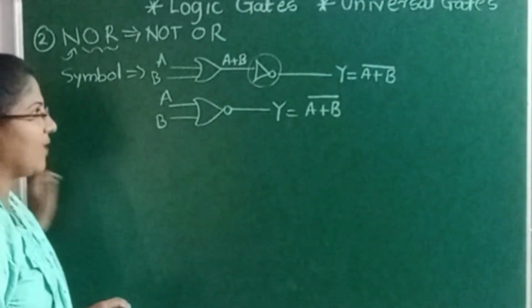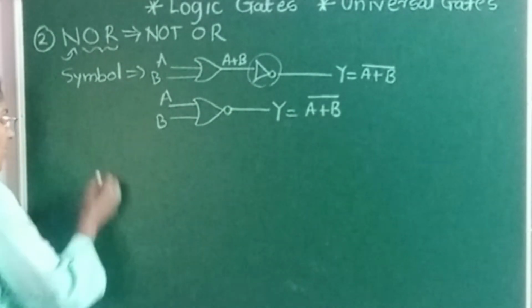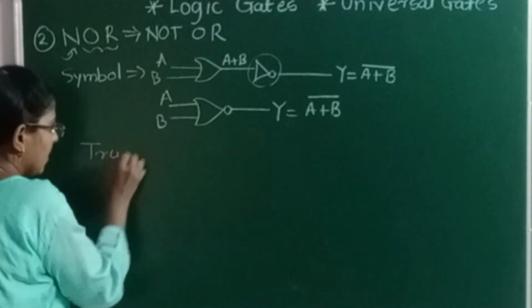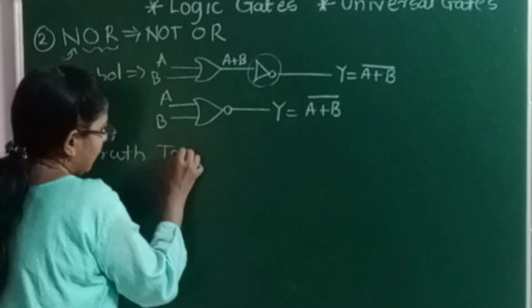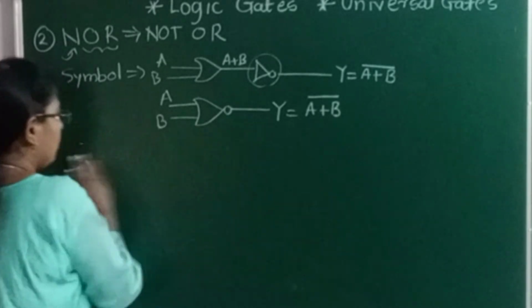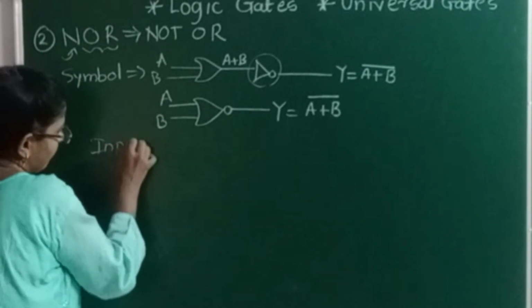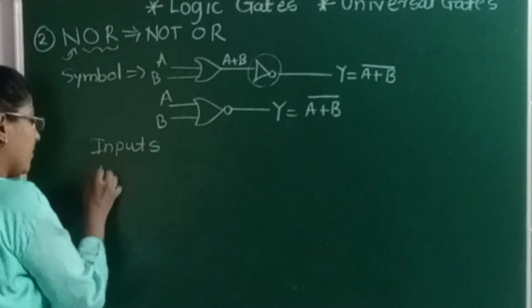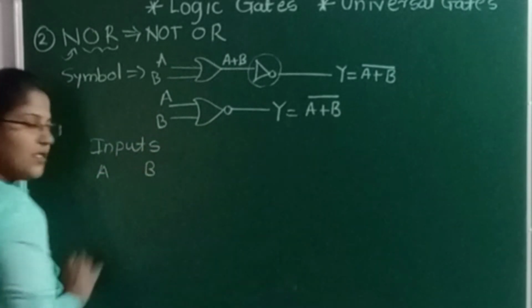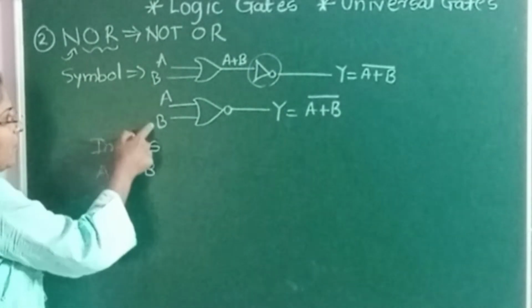Now next we are going to write the truth table for the NOR gate. No need to write the truth table here, directly I will write the inputs. Two inputs are there. So how many combinations will be there? Number of inputs equal to 2.